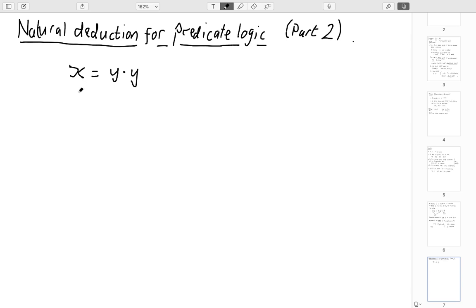So for example, we might want to say something like x plus y, say, is y times y.